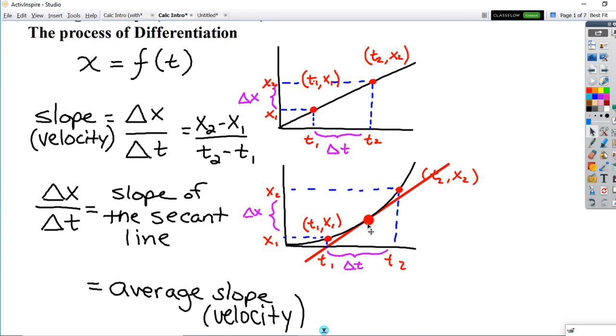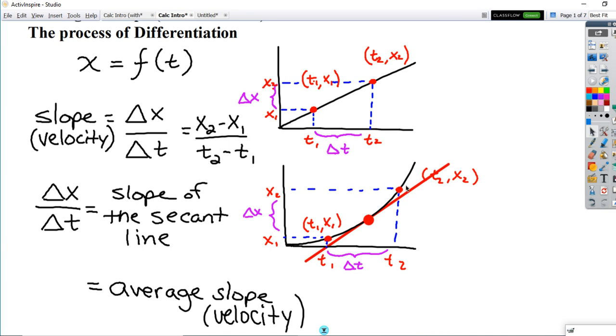Now, how could I figure out what the slope of this line is based on this one point if delta t is 0? I can't find the slope using this formula, because if delta t is 0, I get an undefined answer.